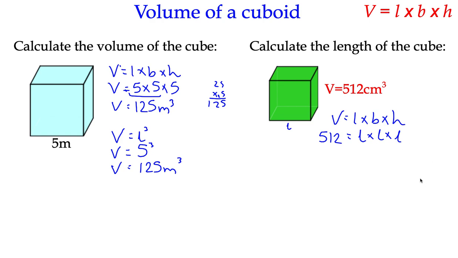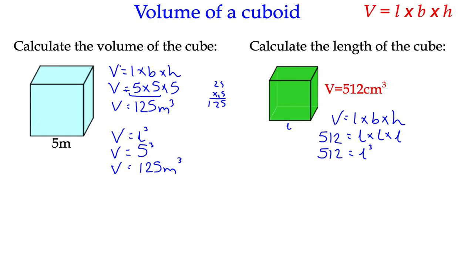We don't have anything to help us work it out. So in this case, the L cubed formula does actually work best. But even if you've got it written out like that, you can see that we end up with 512 equals L cubed.